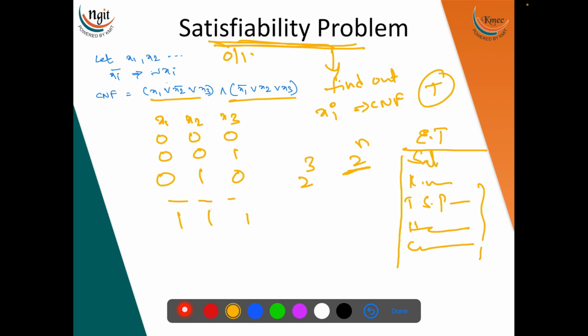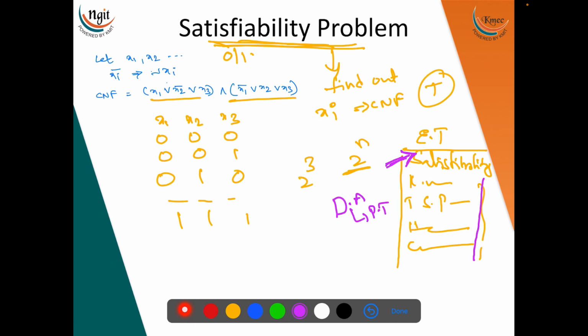So I am just adding the satisfiability problem here. Now the point is, if I am able to solve the satisfiability problem, that is, if it belongs to a deterministic algorithm with polynomial time, then all other algorithms are also polynomial time.